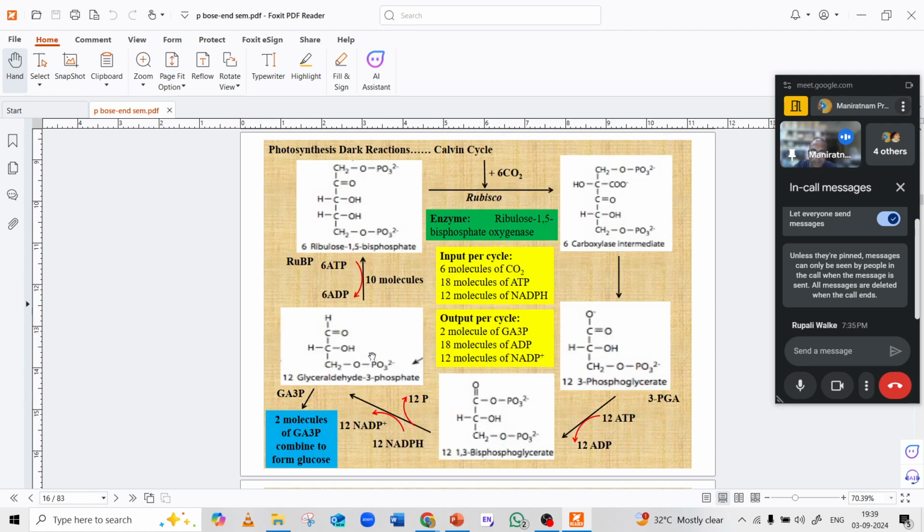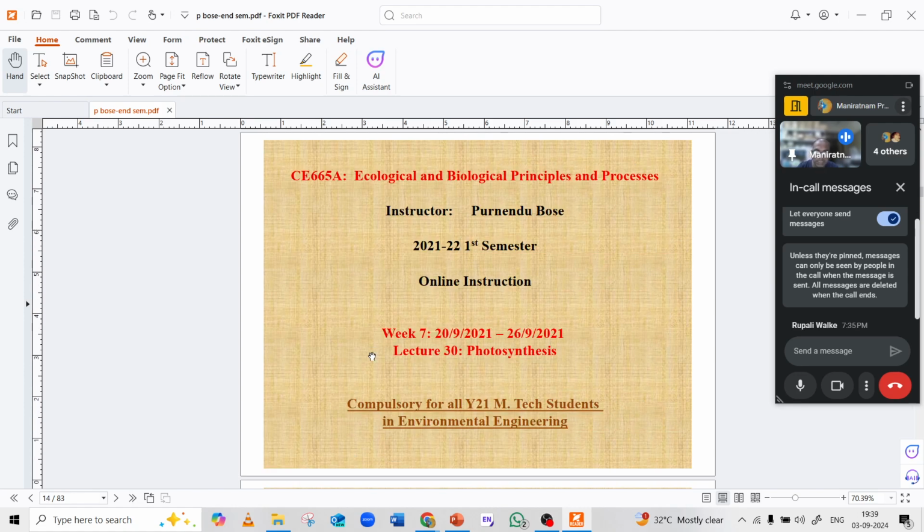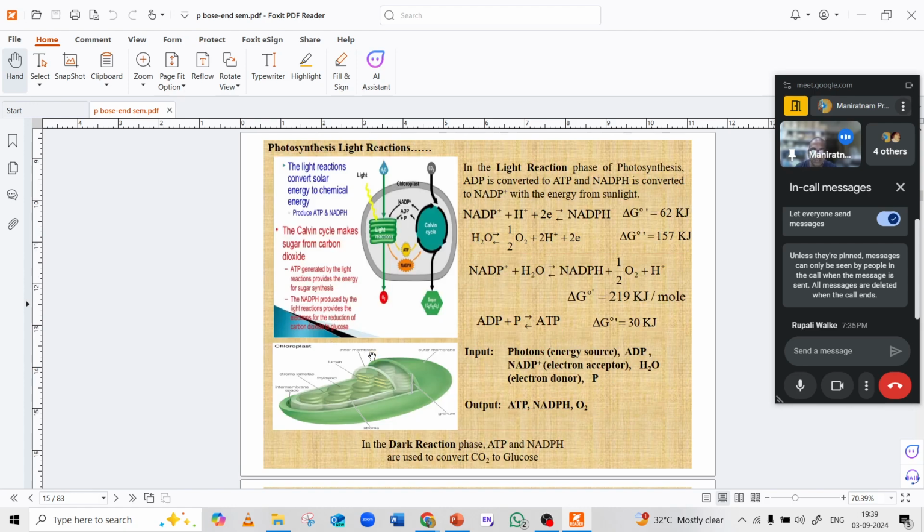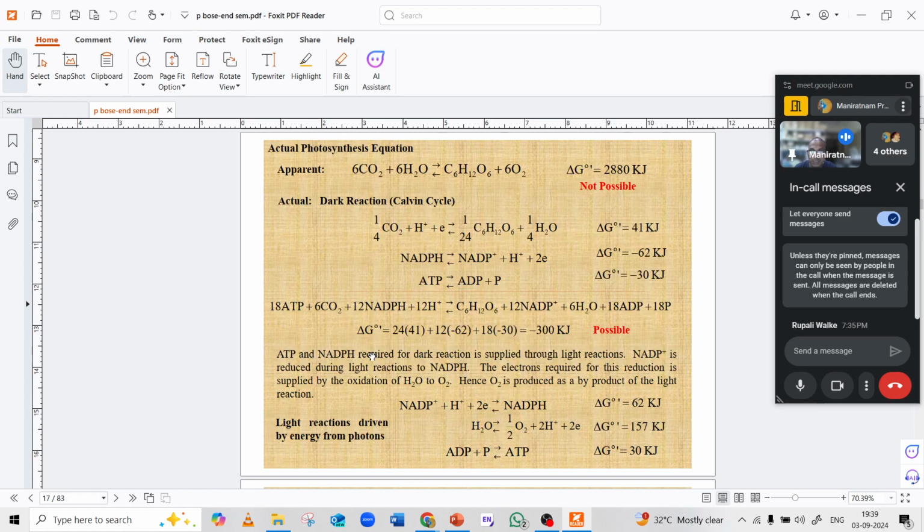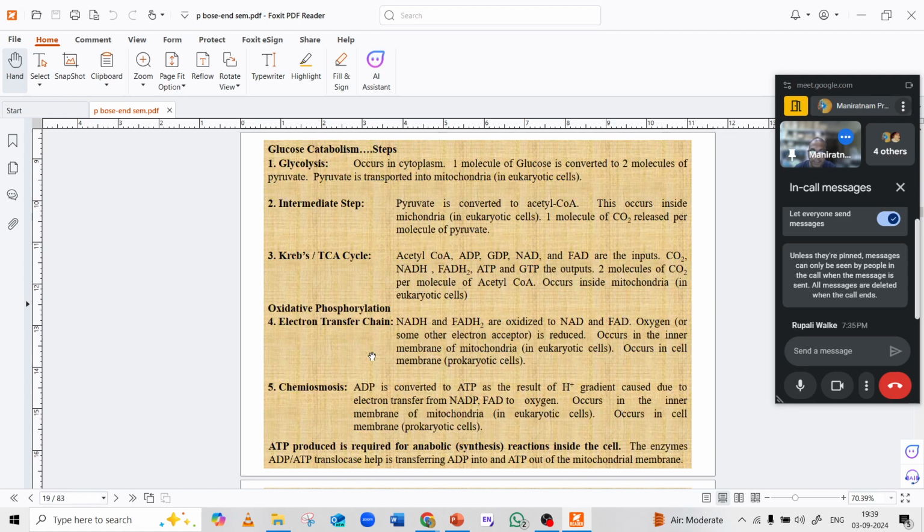We are just seeing simple photosynthesis, but inside this glucose catabolism there are intermediate processes: glycolysis, then another intermediate process, then the Krebs cycle, the TCA cycle, then oxidative phosphorylation and the electron transfer chain.